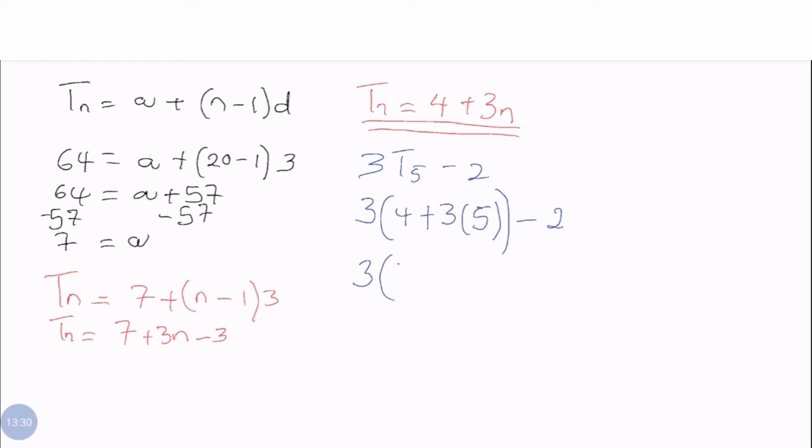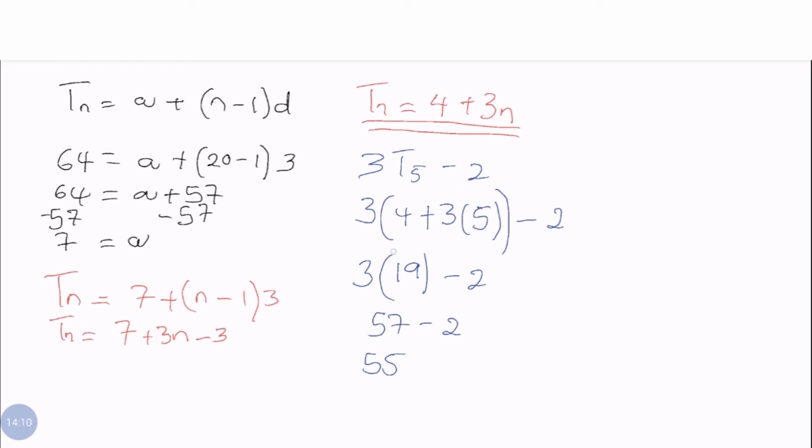So that is 19 minus 2. 3 times 19 is equal to 57 minus 2. That is equal to 55. So now we know what is 3T5 minus 2.